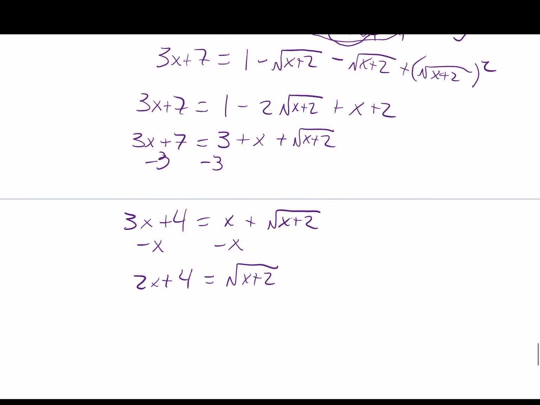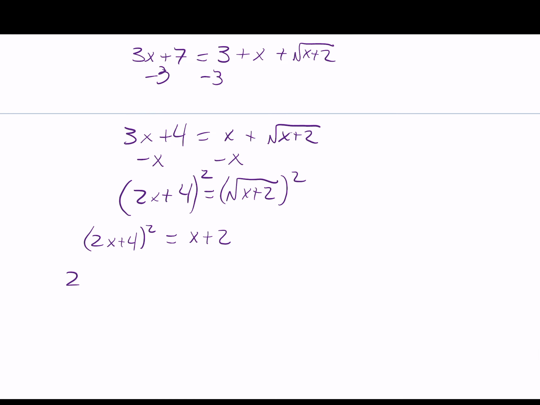Now we're finally in a place where we have the things under the radical isolated. So now we can square both sides, and we're left with 2x plus 4 quantity squared is equal to x plus 2. Okay, so now we'll again do a binomial expansion. 2x plus 4 times 2x plus 4 is equal to x plus 2.